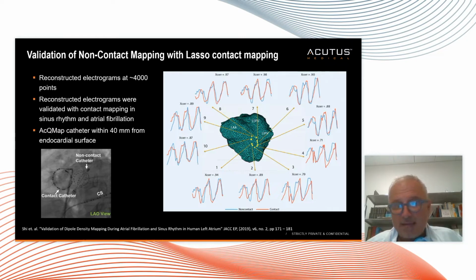You can get non-contact mapping with excellent correlation to contact signals here recorded on a lasso catheter if you process the signals in the right way, if you look at the right thing. So here you have a multi-electrode non-contact mapping catheter. It's the AccuMap catheter.